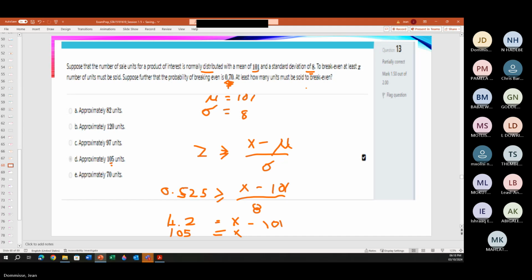Okay, what is wrong in this calculation?